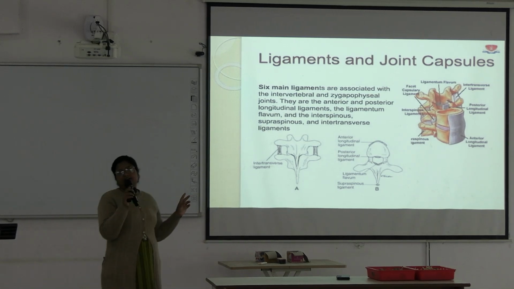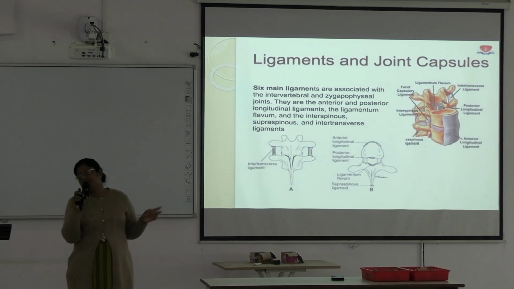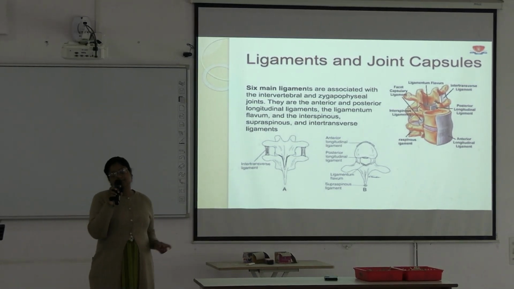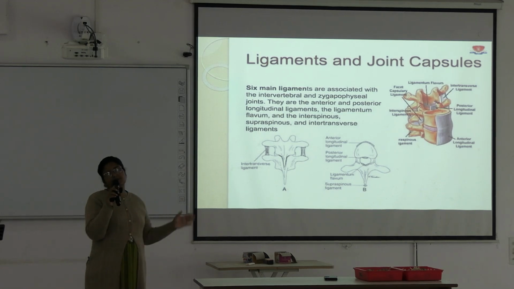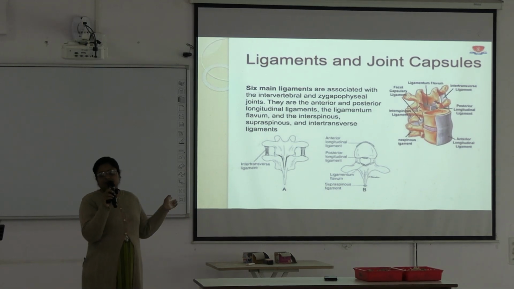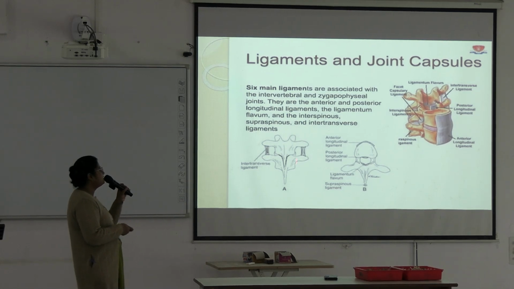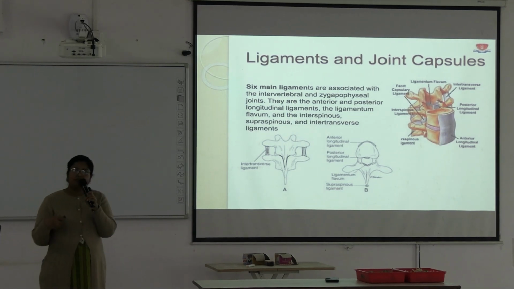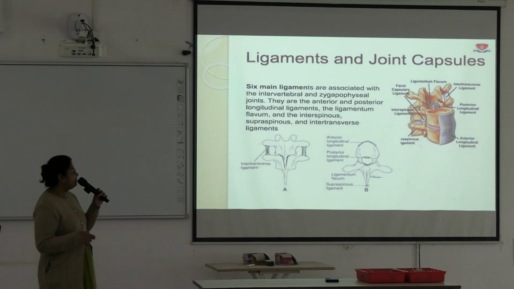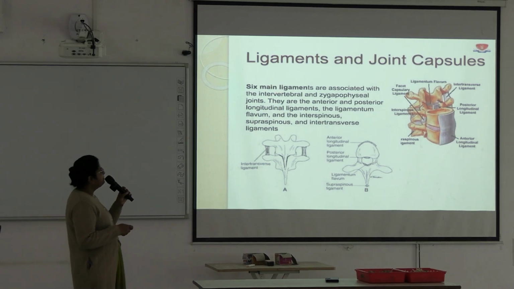Supraspinous ligament is connecting the tips of the spines of the cervical vertebrae, and interspinous ligament connects the tips of the other vertebrae. And the intertransverse ligaments are connecting the transverse processes of the vertebrae. So these are the important ligaments of these different joints in the vertebral column.